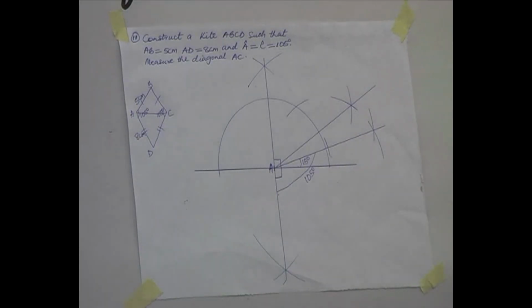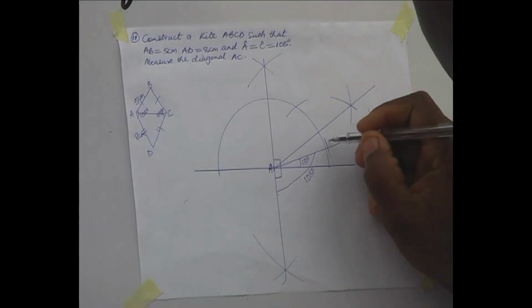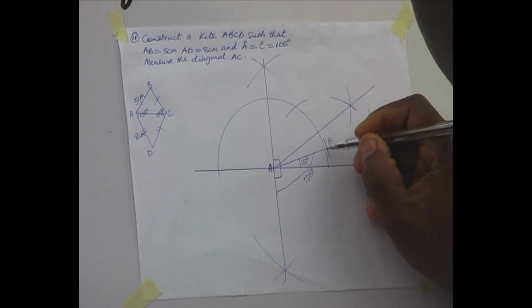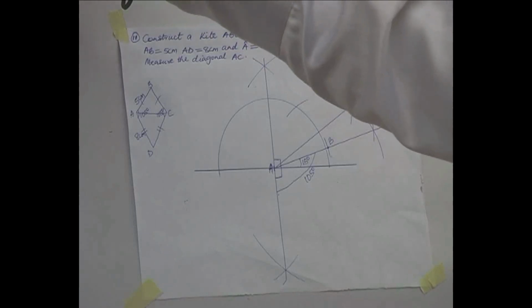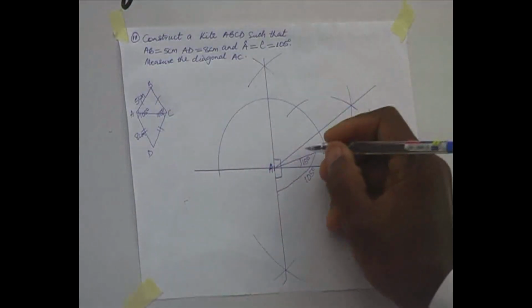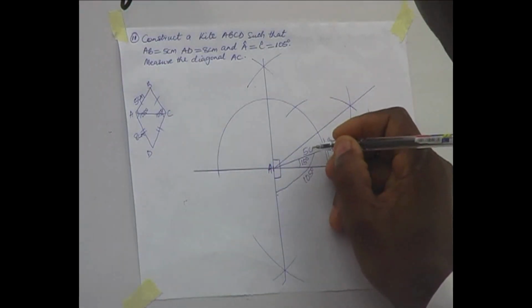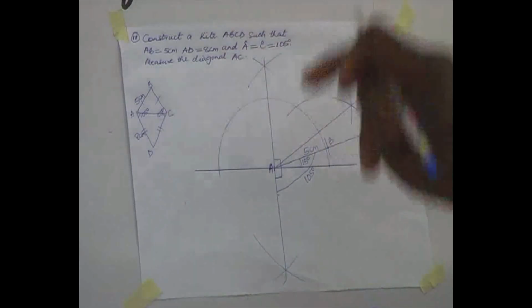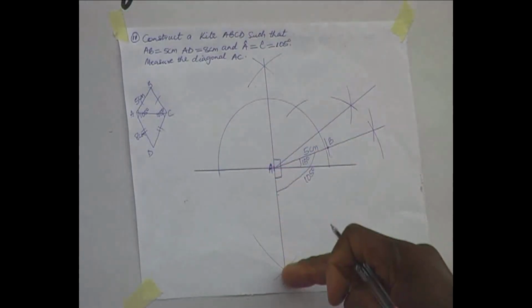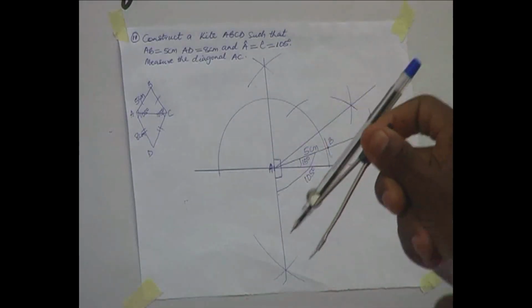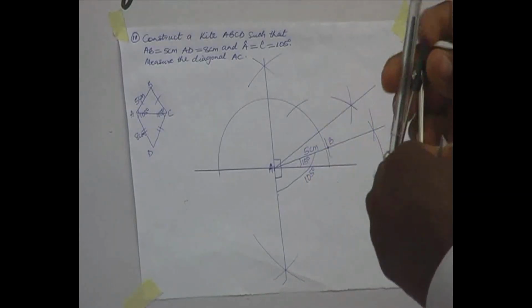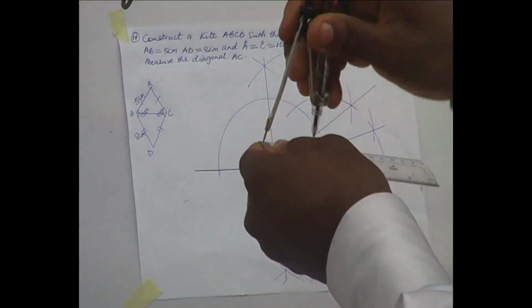So you can name this point B. AB is 5 centimeters. You can add 5 centimeters here. AD, that means this side now. They say AD will be 8 centimeters. Take out 8 centimeters from your ruler.